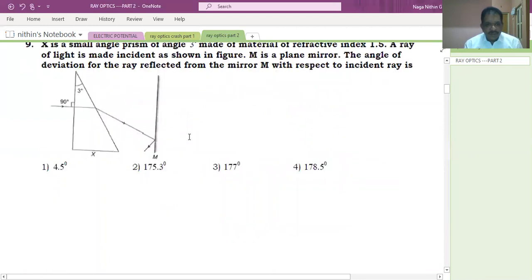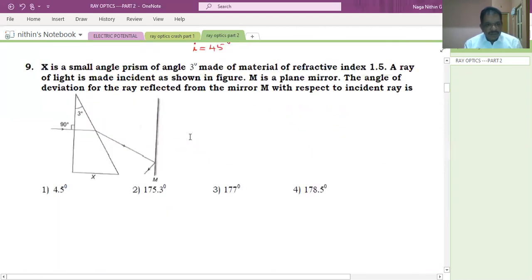See the next problem. X is a small angled prism of angle 3 degrees made from a material of refractive index 1.5. A ray of light is made incident as shown in the figure. M is a plane mirror. The angle of deviation for the ray reflected from the mirror M with respect to the incident ray.